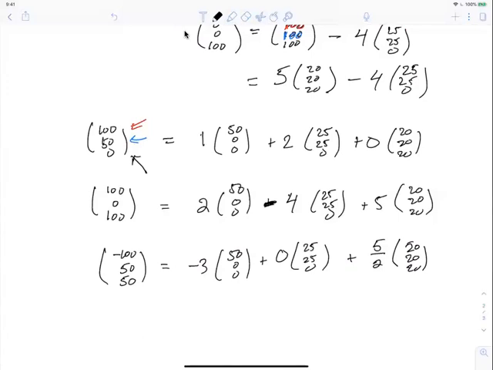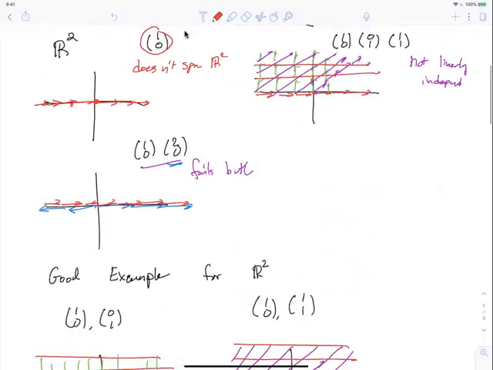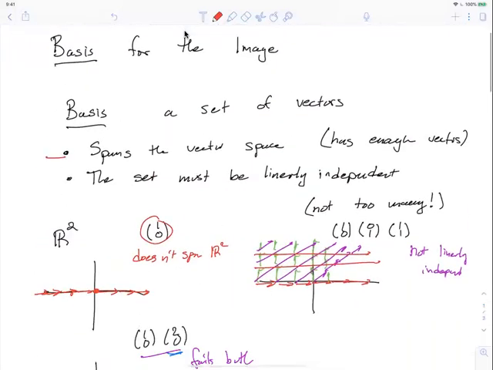But the key thing I want to get across is that every vector you pick here, one of the nice things about a basis is that it both spans and is linearly independent. So the first condition tells us it's always possible to get any combination you want.